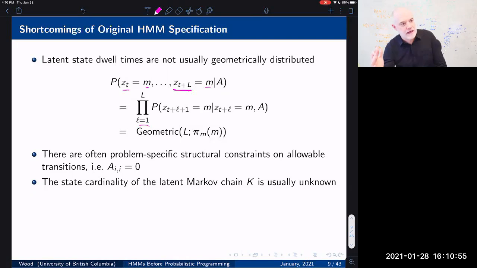So that's the prior that HMMs impose on the latent state dwell duration. And that's often not in correspondence with reality. And there are often problem-specific structural constraints on allowable transitions. In other words, you might say that self-transition is impossible for whatever reason in whatever application, or transition to states before are impossible.